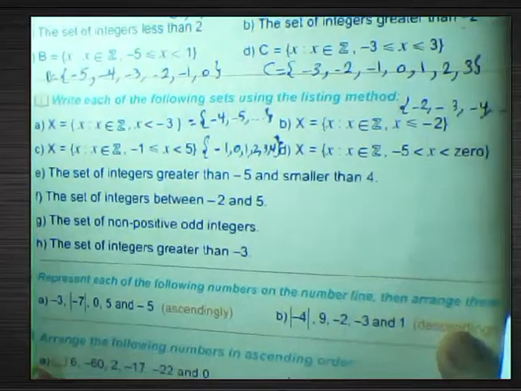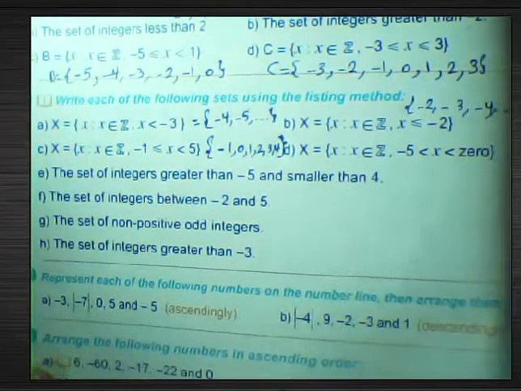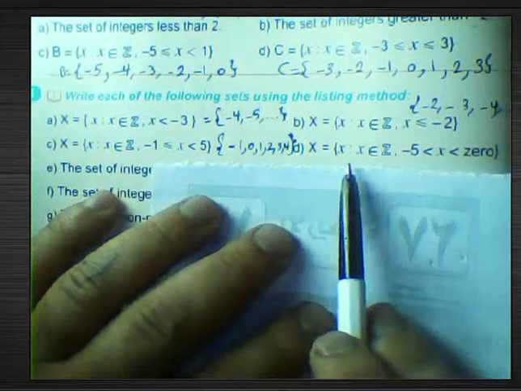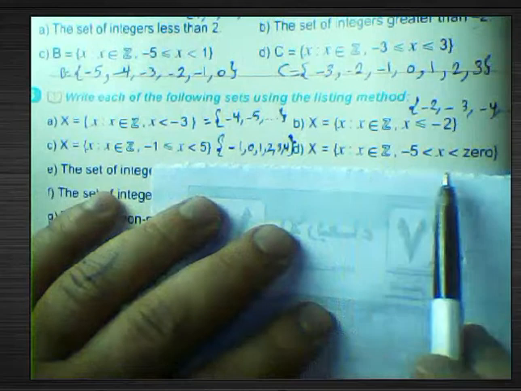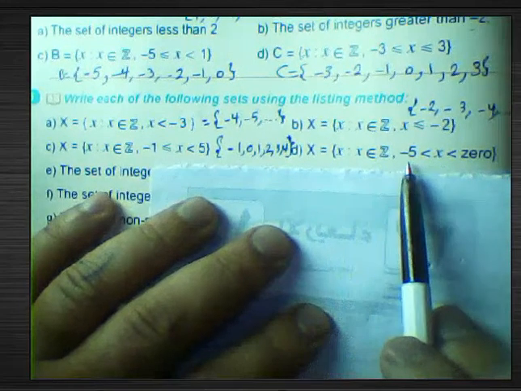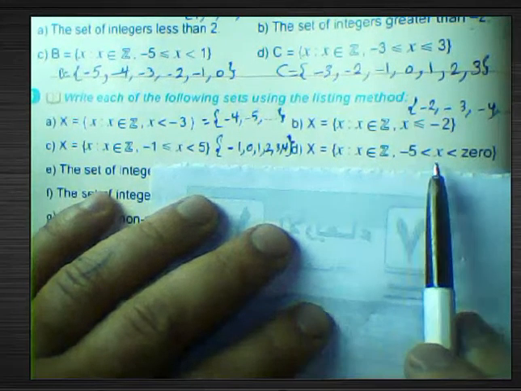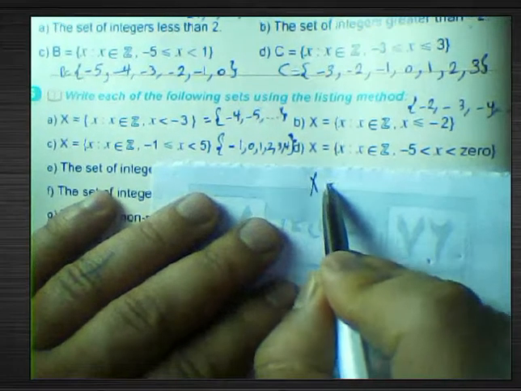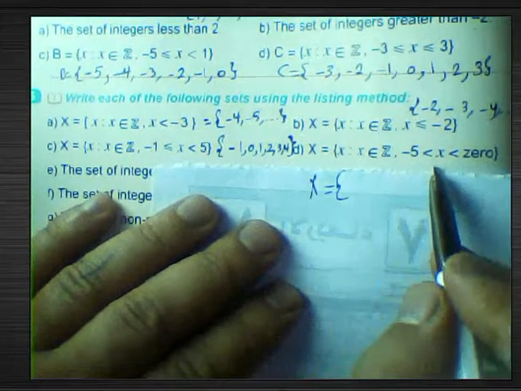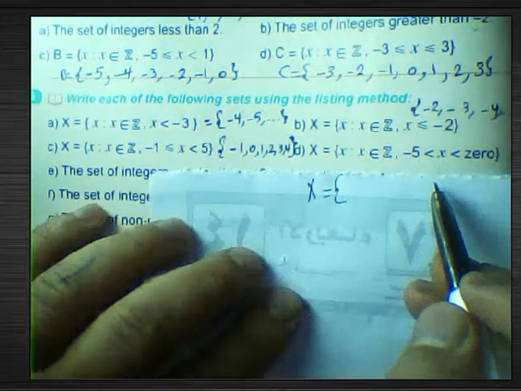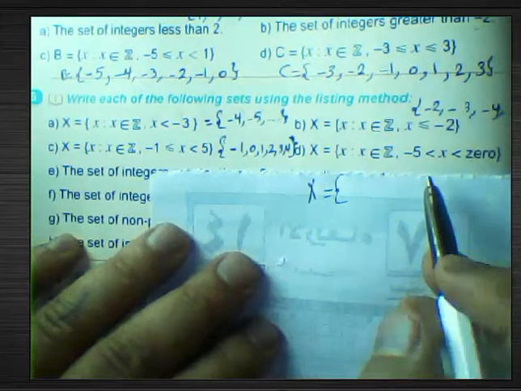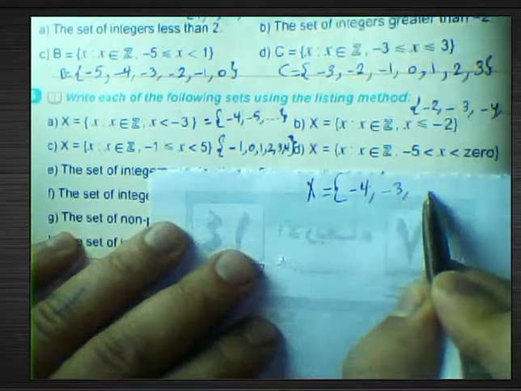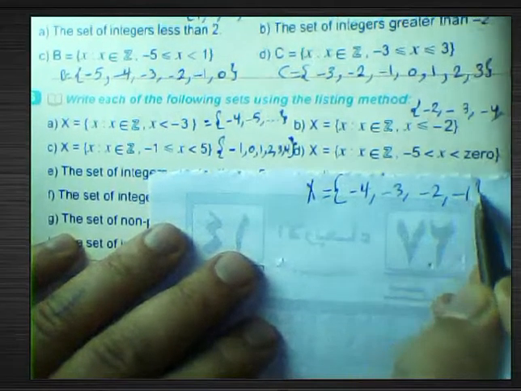Question D. X equals the set of x such that x belongs to Z, x is more than negative 5 and x is less than 0. So we can write all integers that lie between negative 5 and 0: negative 4, negative 3, negative 2, negative 1.